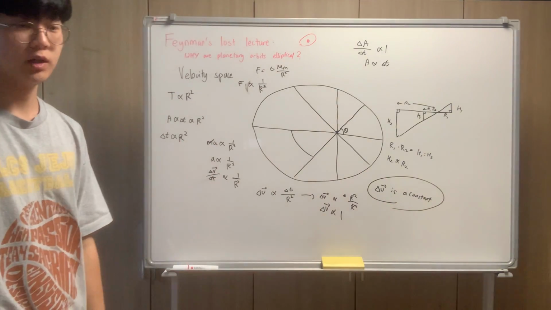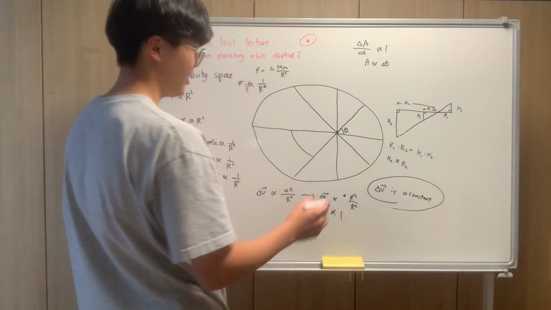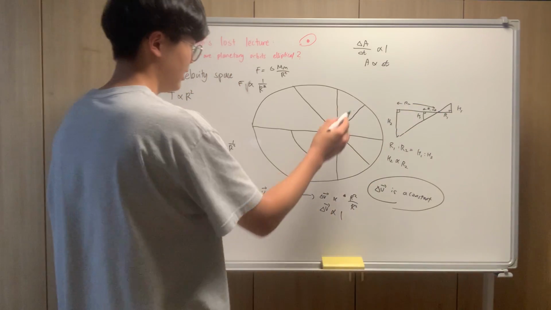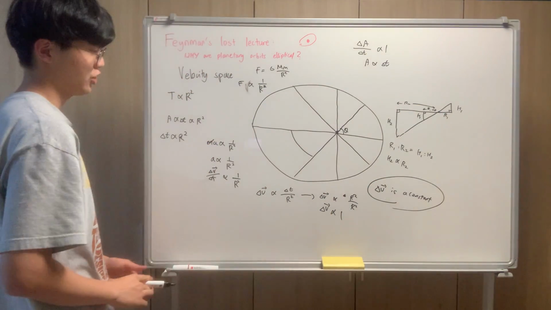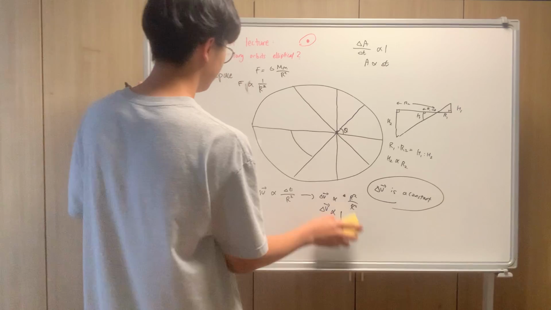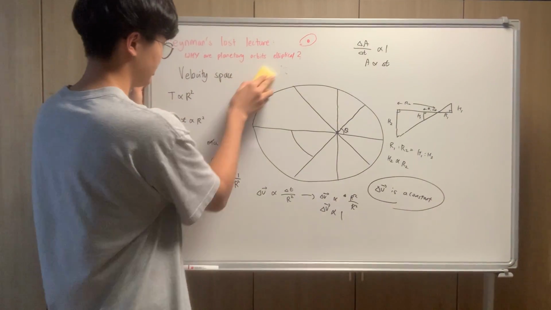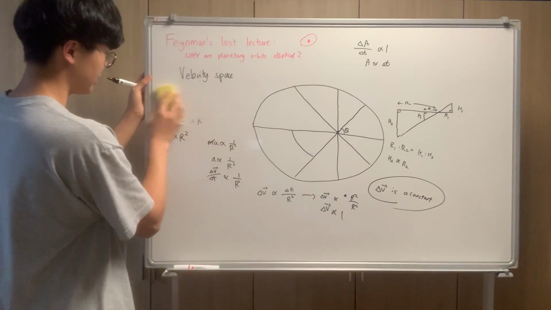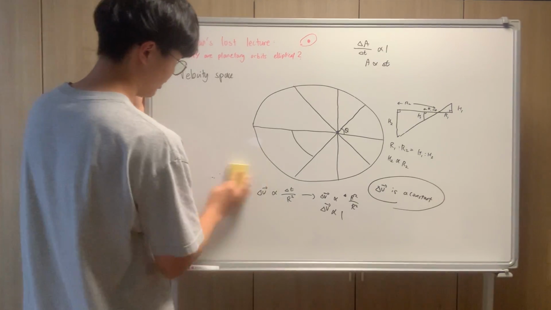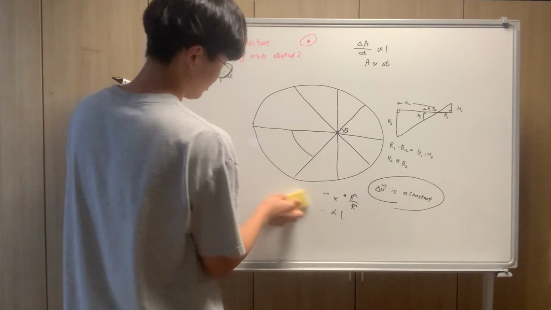Change in velocity is a constant. We have established that fact by this triangle over here and this pie shape over here. And so what does this really mean? That the change in velocity is constant.